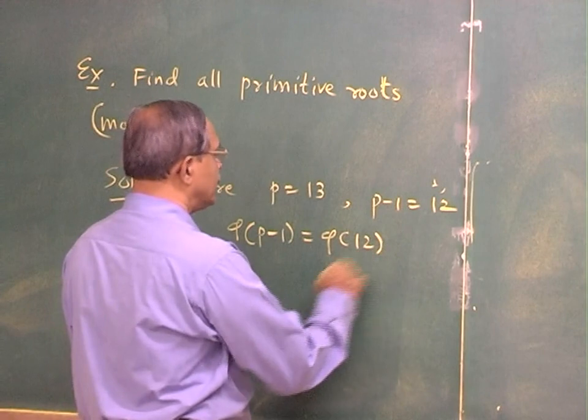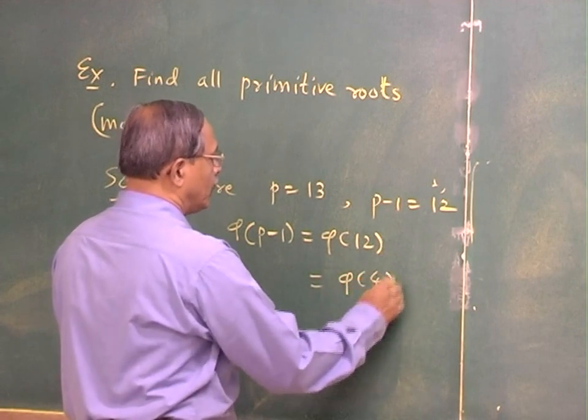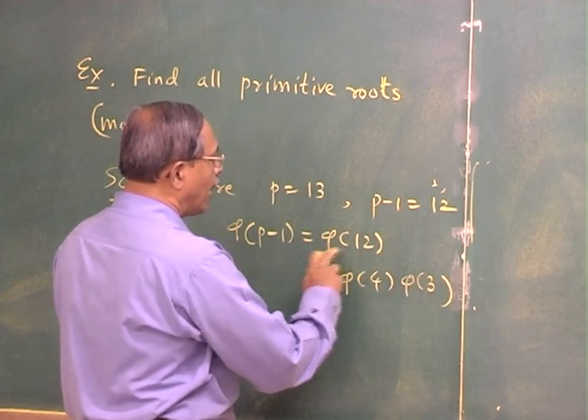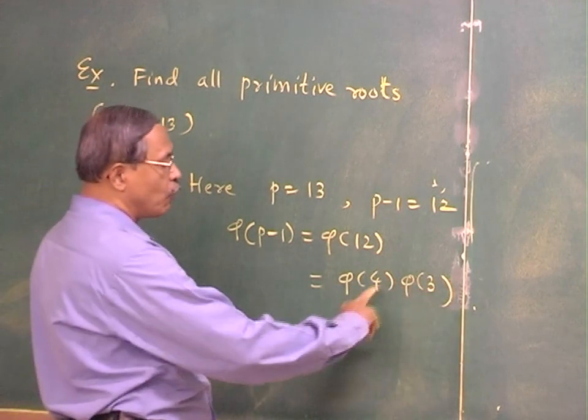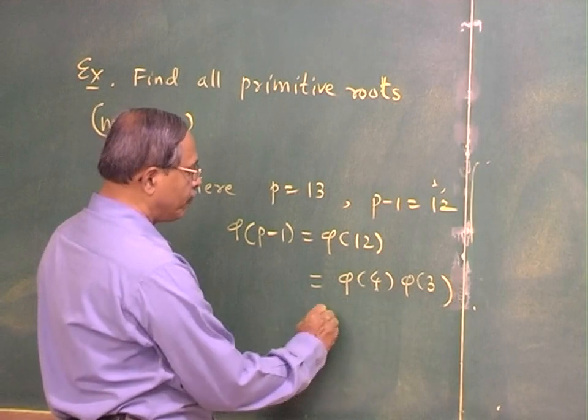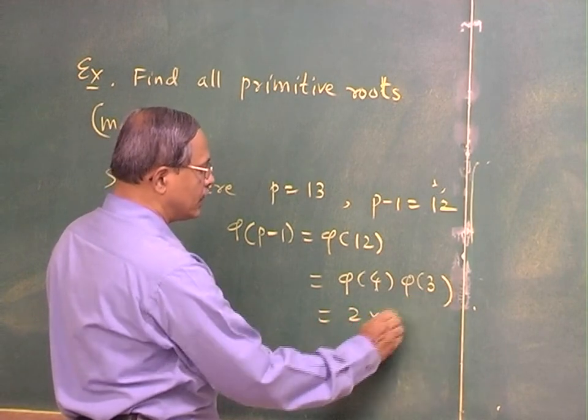Phi of 12 is phi of 4 into phi of 3. Phi is multiplicative. Euler's function is multiplicative. 4 and 3 are coprime. What is phi of 4? That is 2. Phi of 3 is 2. That is 4.